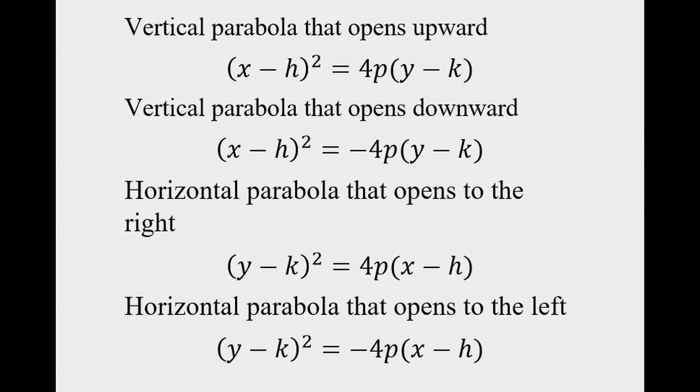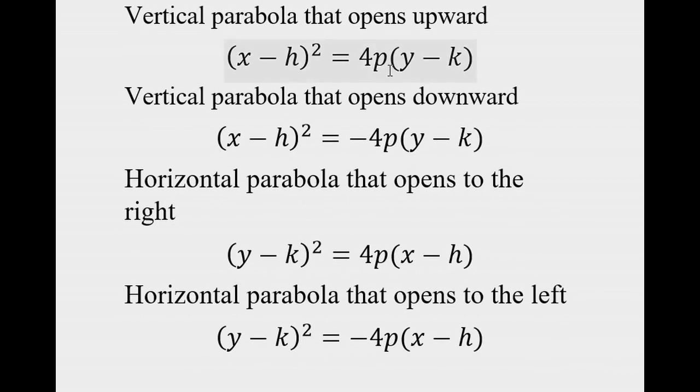As I explained in the previous video titled Introduction to Parabolas, these four are the standard forms of the equation of a parabola. H and K are the x and y coordinates of the vertex.